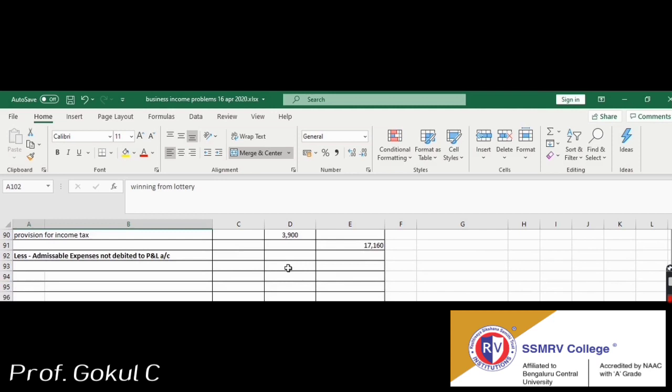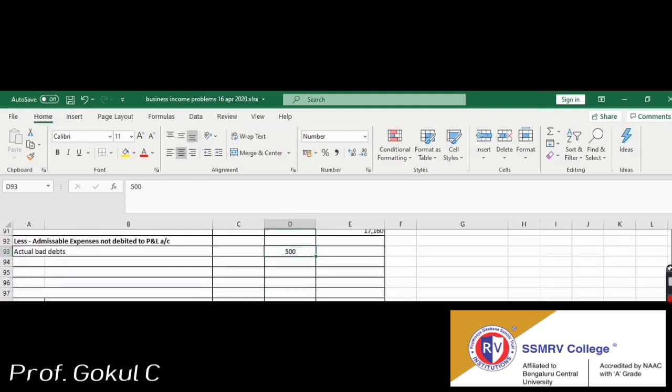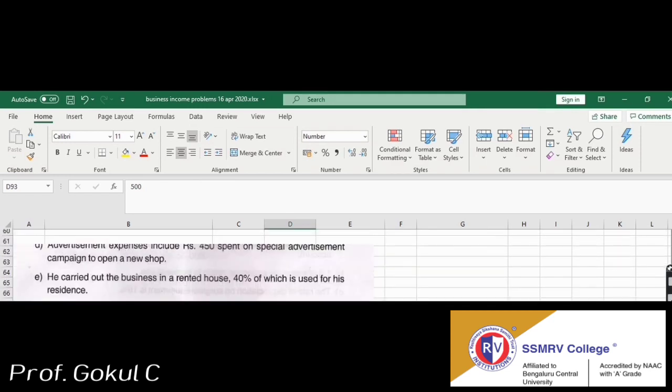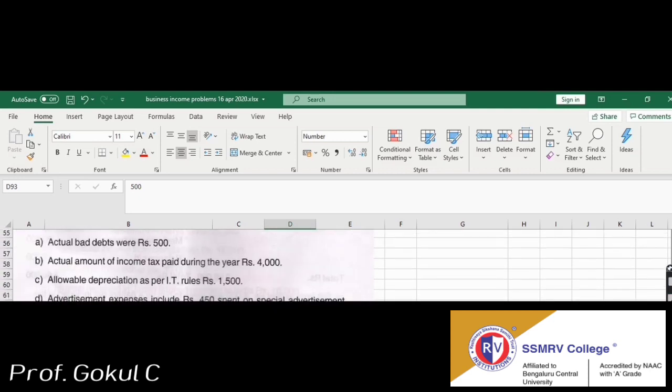That means we can allow only 500 rupees as admissible. Any provision that you have done is not allowed. That is why it has been added back, and the actual bad debts that you have incurred, 500 rupees, you have taken in your admissible expenditures.